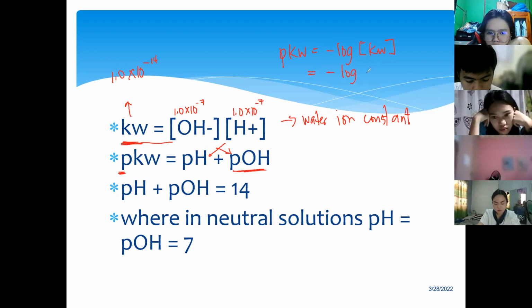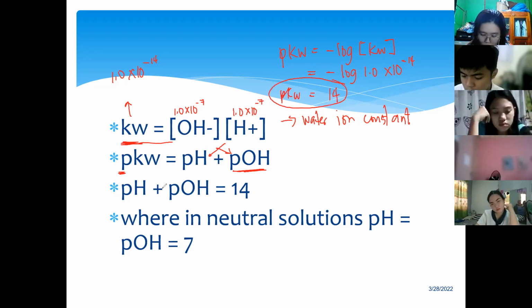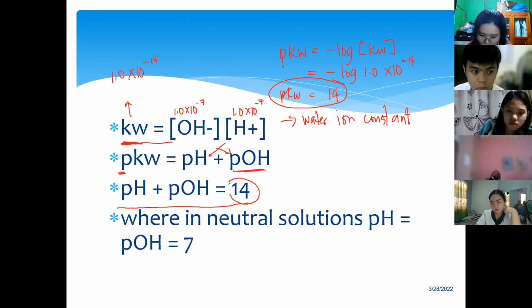This is negative log of 1.0 times 10 raised to the power of negative 14. Anong sagot dito? The pKw is 14. Okay? So, kaya yung ating formula now becomes pH plus POH is equal to 14.